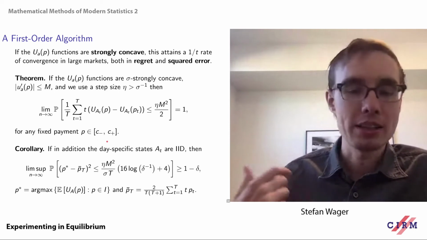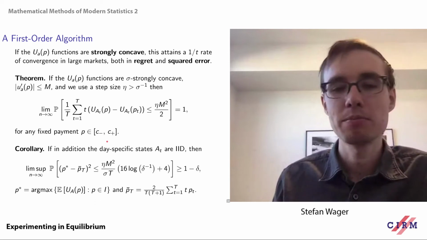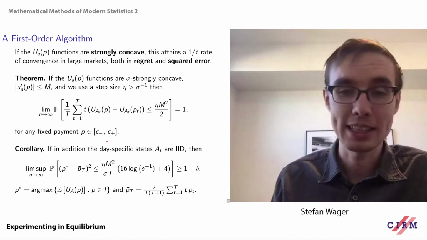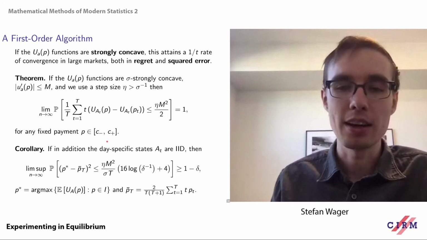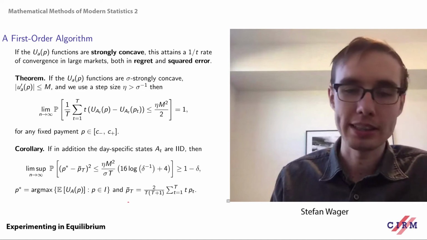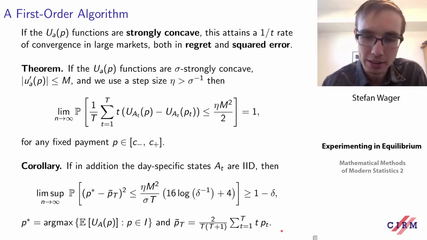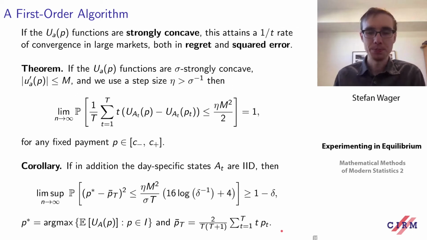Or, in addition to this sample path result, if you assume that the day-specific states A_T are IID, then you can take a weighted average of your P_Ts along your path, and this converges at rate 1/T. So this is an online-to-batch type result.